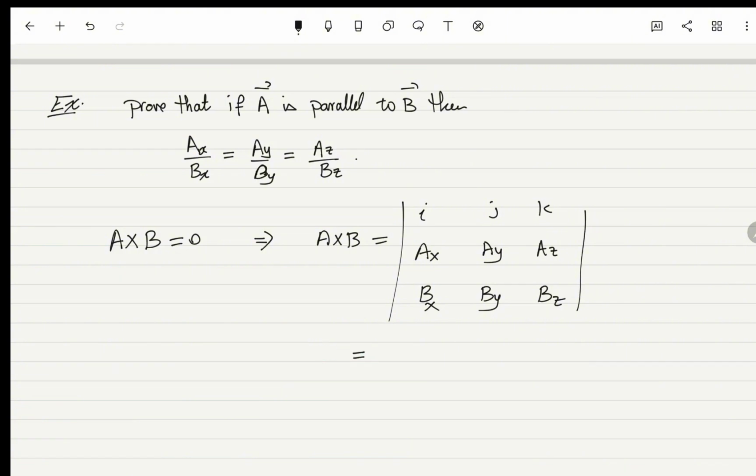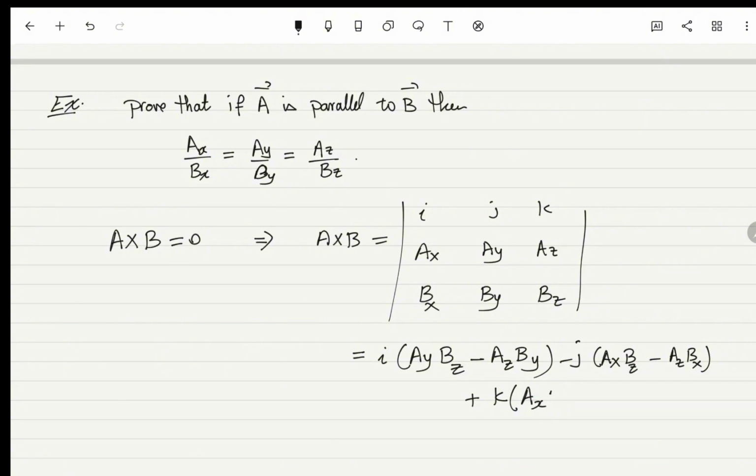We will find that I times (AY BZ minus AZ BY) minus J hat times (AX BZ minus AZ BX) plus K times (AX BY minus AY BX) all equal 0.